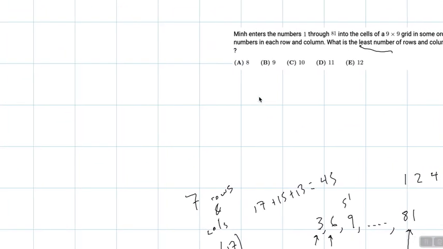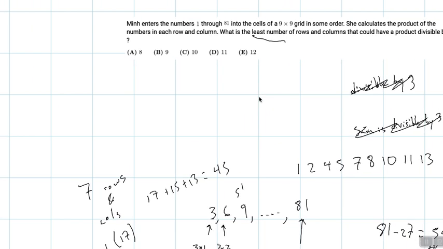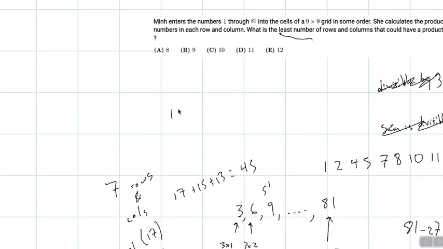So what is the least number of rows and columns that could have a product divisible by 3? In total, there are 18 rows and columns, minus 7 is 11. I would say the answer is choice D.